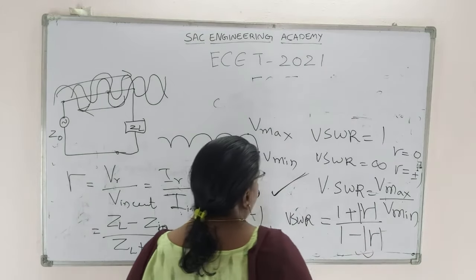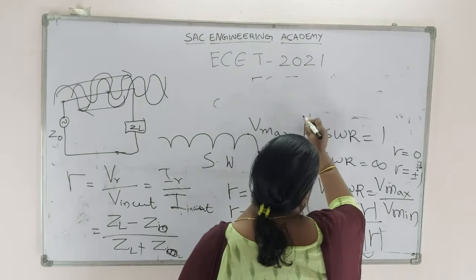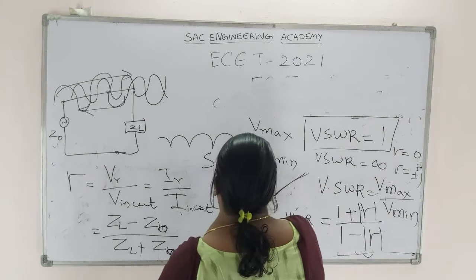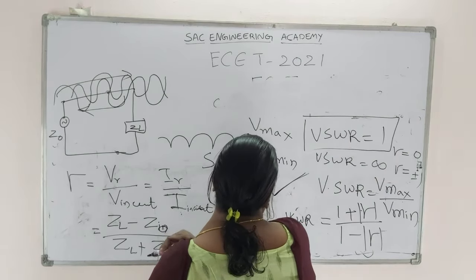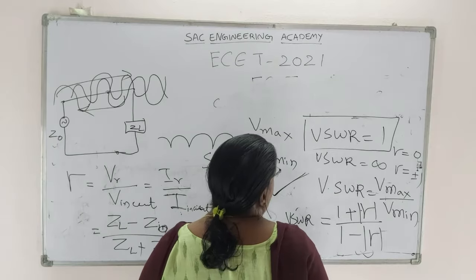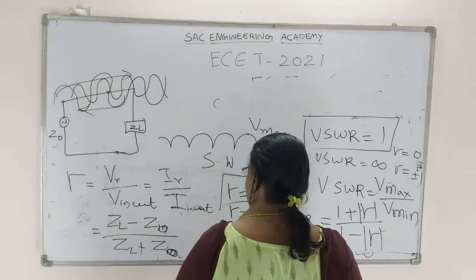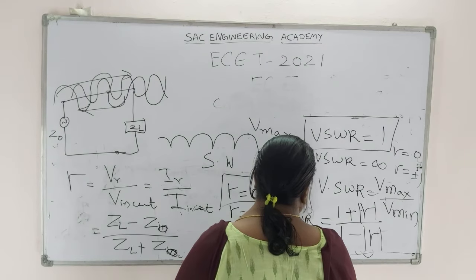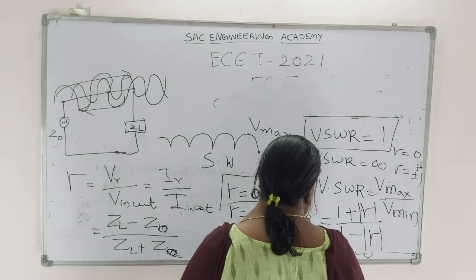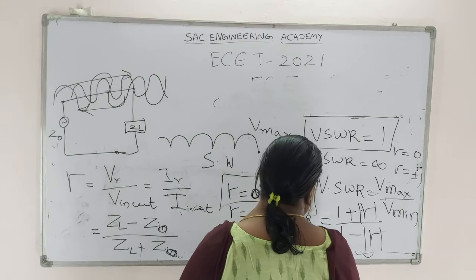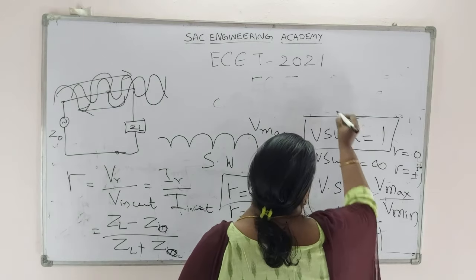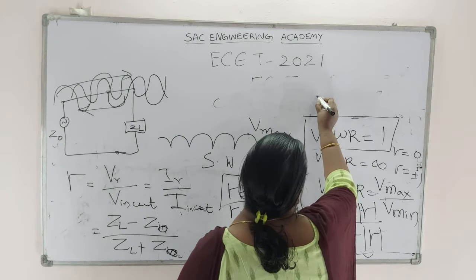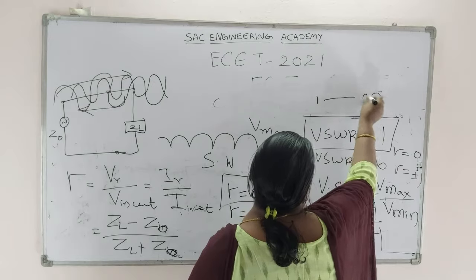The circuit is very good when VSWR is 1 or the reflection coefficient is 0. What is the range of reflection coefficient? -1 to 1. VSWR is 1 to infinite.